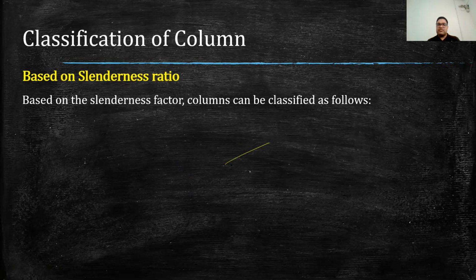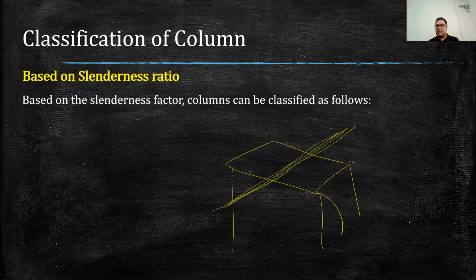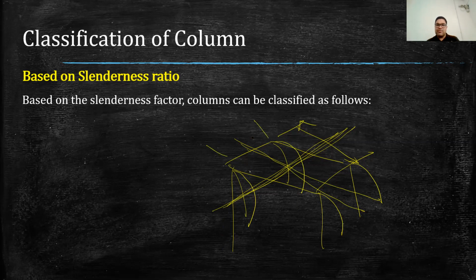Now, how do we classify whether one axis will be the major axis and the other the minor axis? If the column is bending along this axis, this dimension is to be seen. Similarly, if it is bending along this axis, this dimension is to be seen.